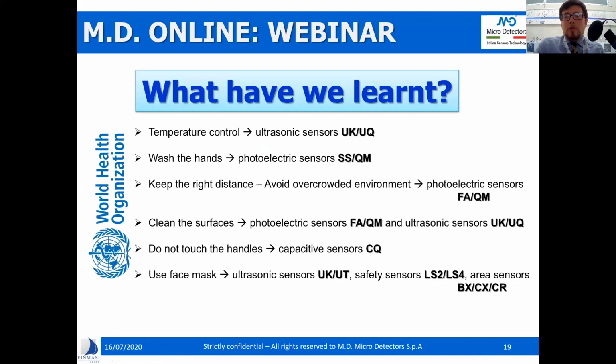About the temperature control, we have seen the application with thermoscanner, so the installation of ultrasonic sensors allowing the detection of the presence of a person just in front of the thermoscanner itself. Second point, we have seen the application of the hygienic dispensers able to grant us to wash our hands when entering a public space.